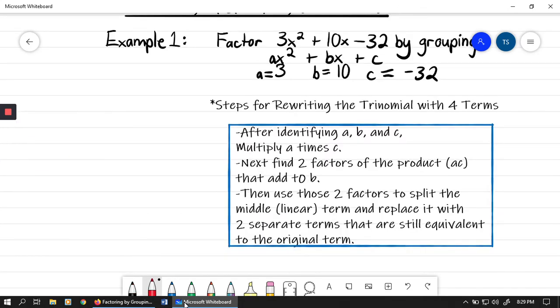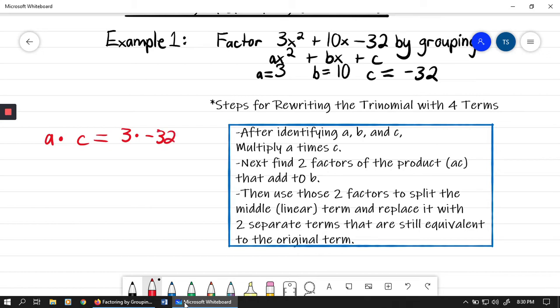And so we're going to show you just how to do that. So let's look at the steps for rewriting this trinomial with 4 terms. The first thing that we want to do is multiply a times c. So we've already identified a, b, and c, and so what we need to do is multiply a times c. When we multiply a times c, that is 3 times negative 32, which is negative 96.